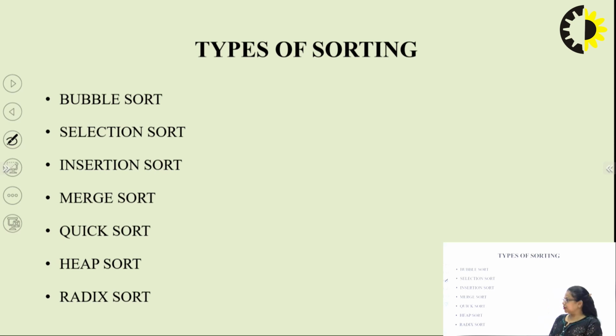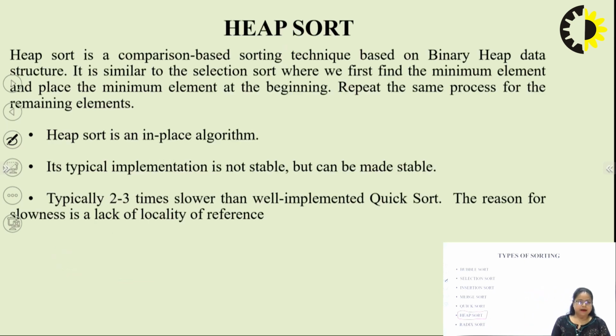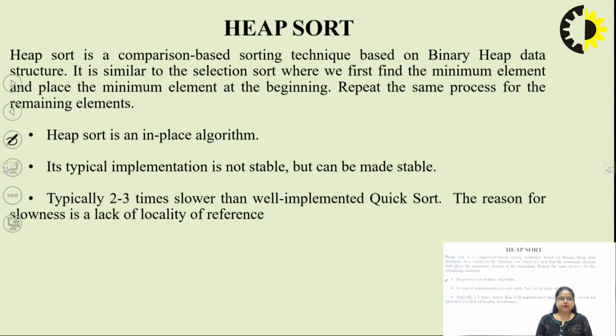In this lecture, out of all these algorithms, we are going to discuss one complex algorithm, which is heap sort, right? So we can say heap sort is a comparison-based sorting technique based on binary heap, in which we are talking about a heap-like data structure.